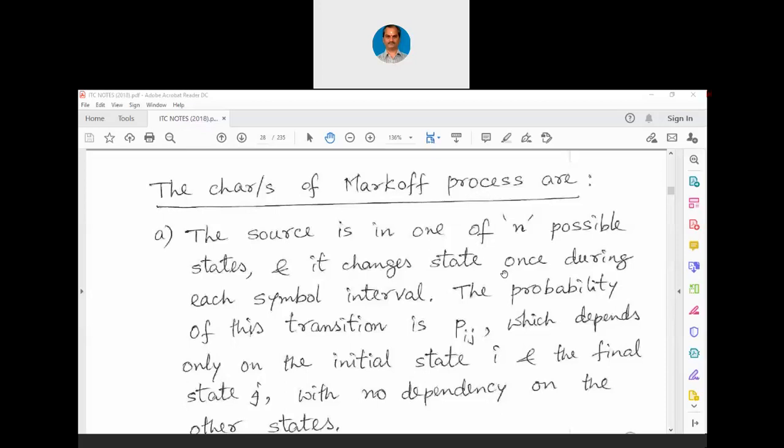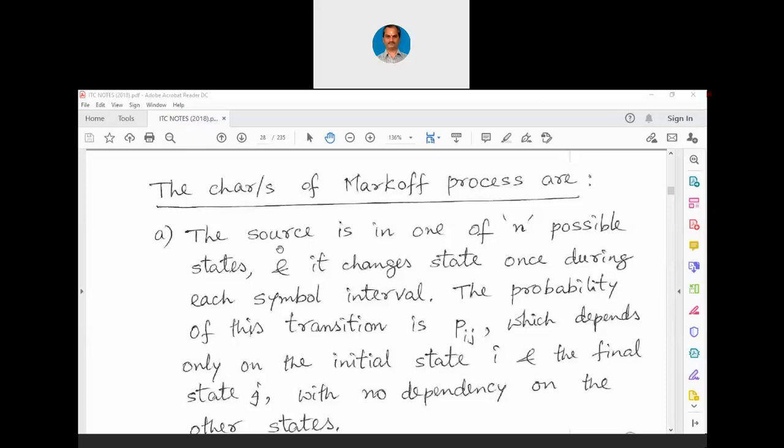Imagine this way. The source is in one of the n possible states. You can imagine me as the source, and from when I leave home until I come to college, how many states can I be in? I just told you 5 states till Windsor Manor bridge. Again there is a lengthy road from my home to my college, nearly 20 kilometers, with so many traffic junctions, curves and turning points.